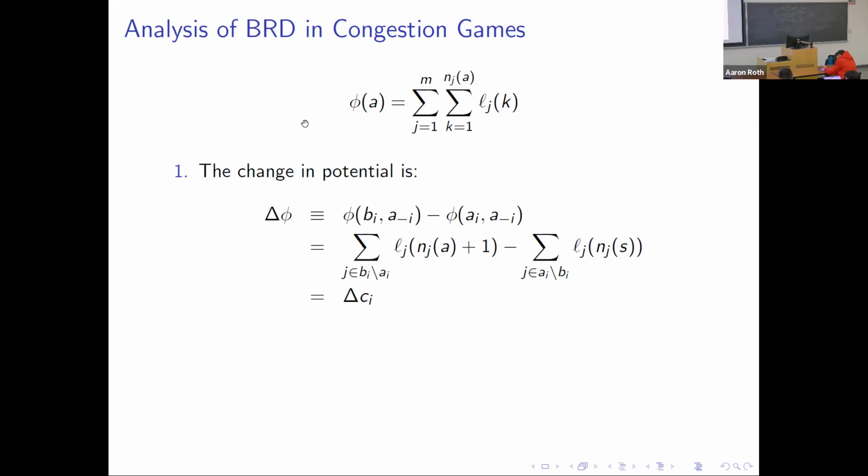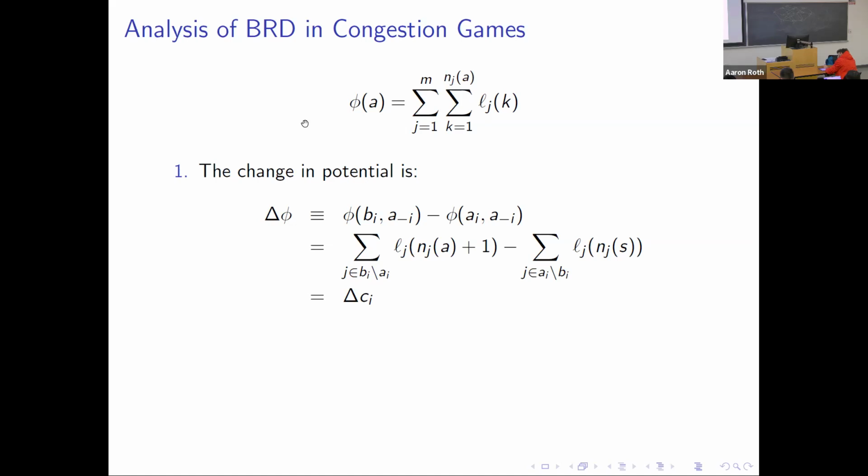And there will be some facilities such that the number of people playing on them has not changed. In particular, those facilities that either I was playing on both before and after my change, or the ones that I wasn't playing on before and after my change. For those facilities, the number of people playing on them won't have been affected by my change in action, and so their component of the sum is going to be the same before and after, and so they're going to cancel out in this difference.